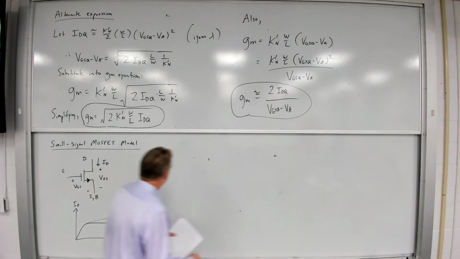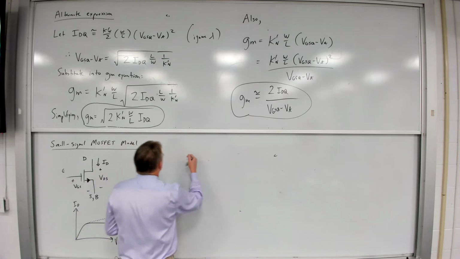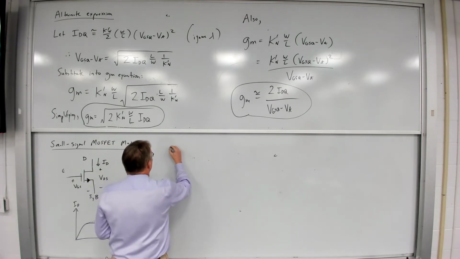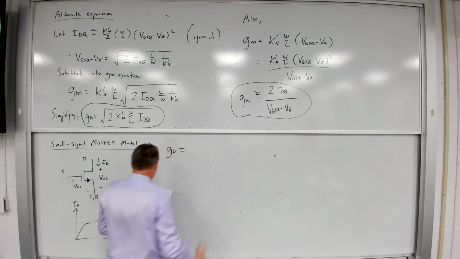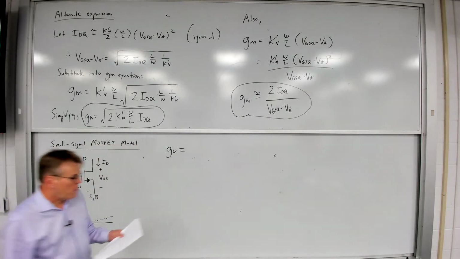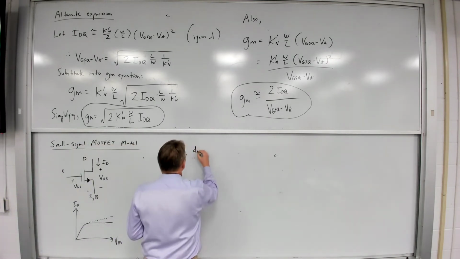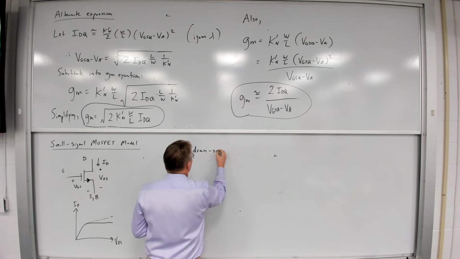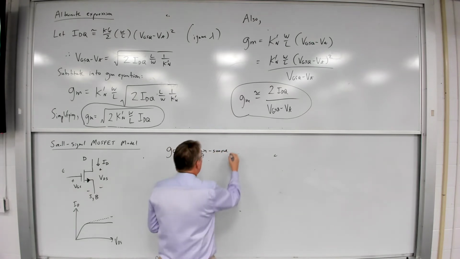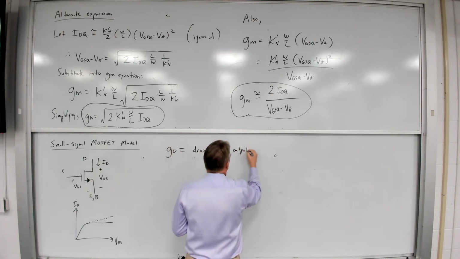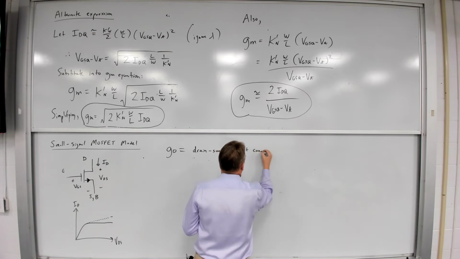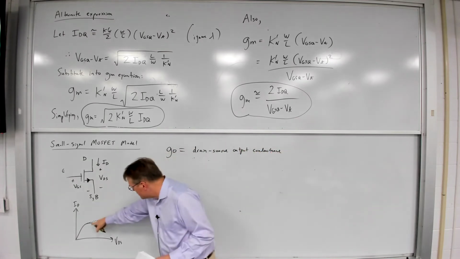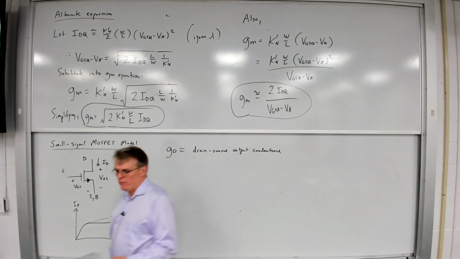All right, now let's define this. Let's define G sub O, which is the drain source output conductance. So we want to capture this non-ideal behavior.